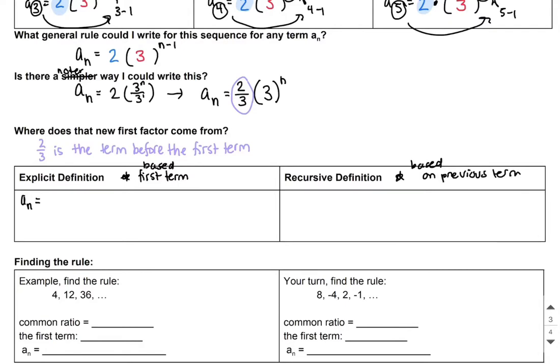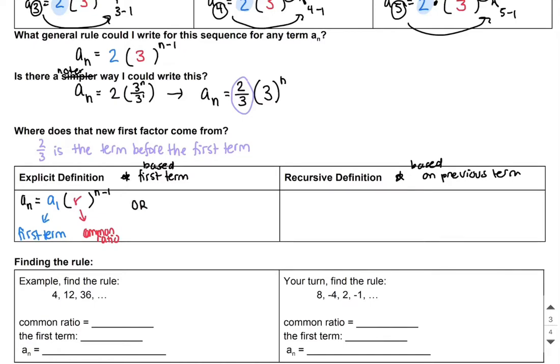So for the explicit definition, a sub n is equal to a sub 1, that's the first term, times r, which is what we're going to use to represent the common ratio, raised to the n minus 1 power.